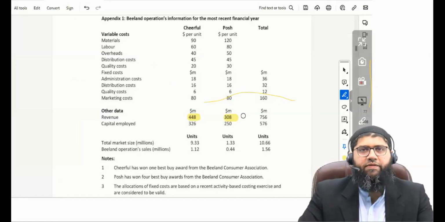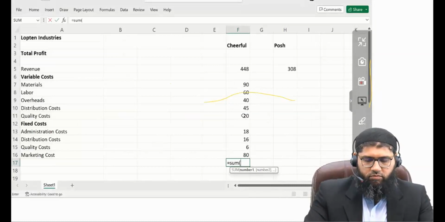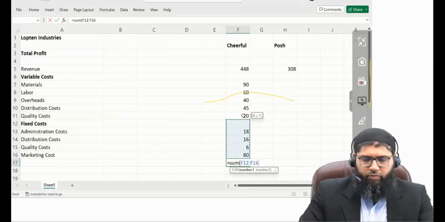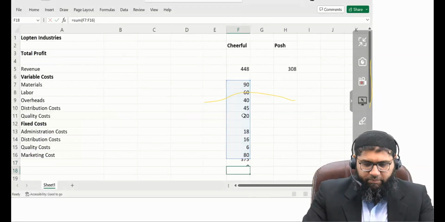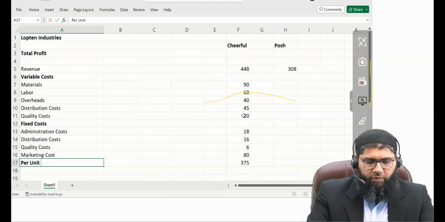So resultingly, these are the costs which are given per unit. Per unit cost.